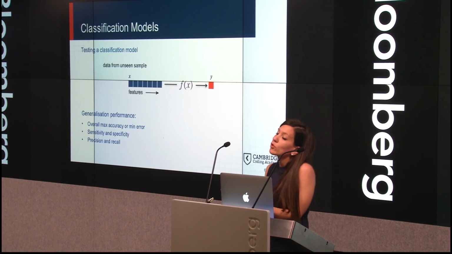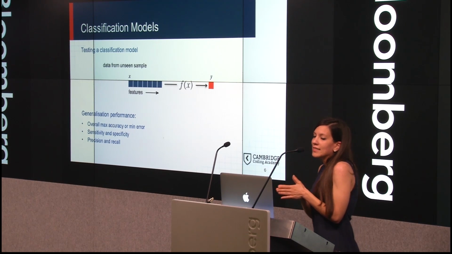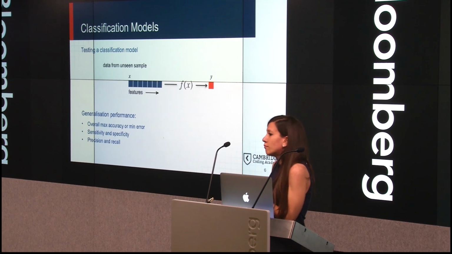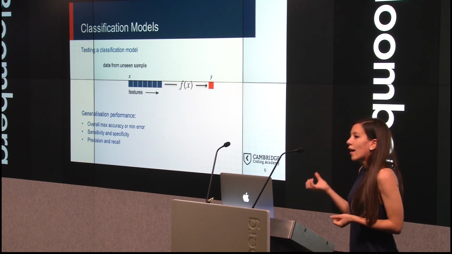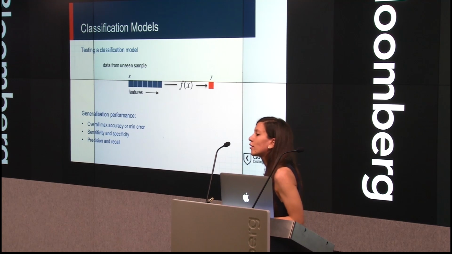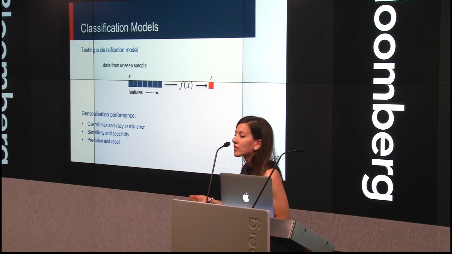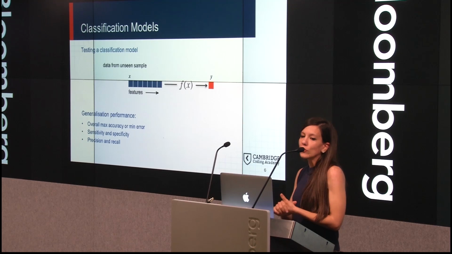And we need to be able to predict it quite well. The metric that we will mainly be using today is the overall maximum accuracy, meaning how many of our samples have been correctly classified, or you can choose to use the minimum error if you want to.